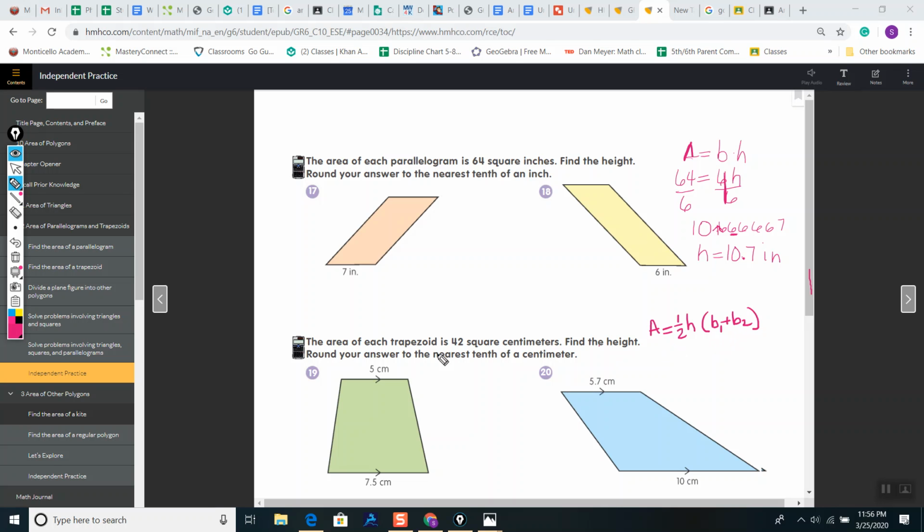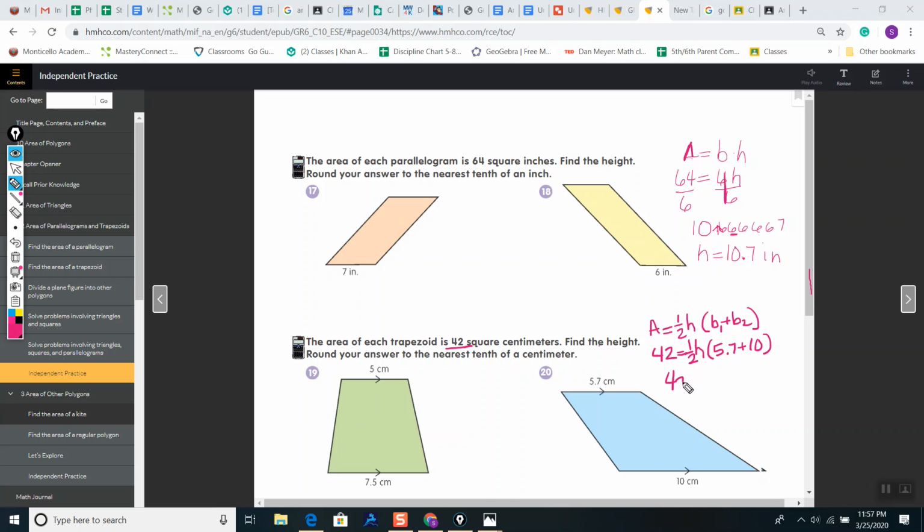So my area right here, area is 42. My height is what I don't know, and my base 1 is 5.7, added to base 2, which is 10.